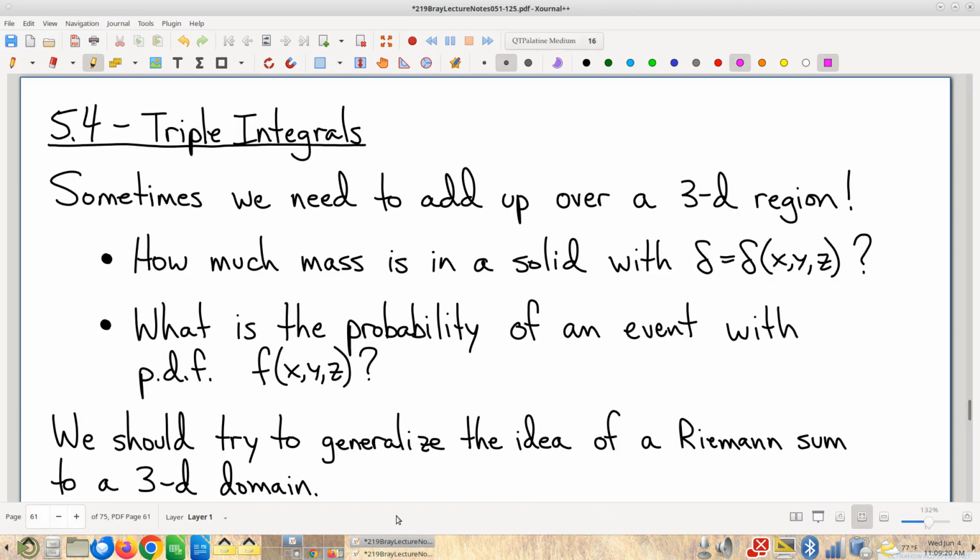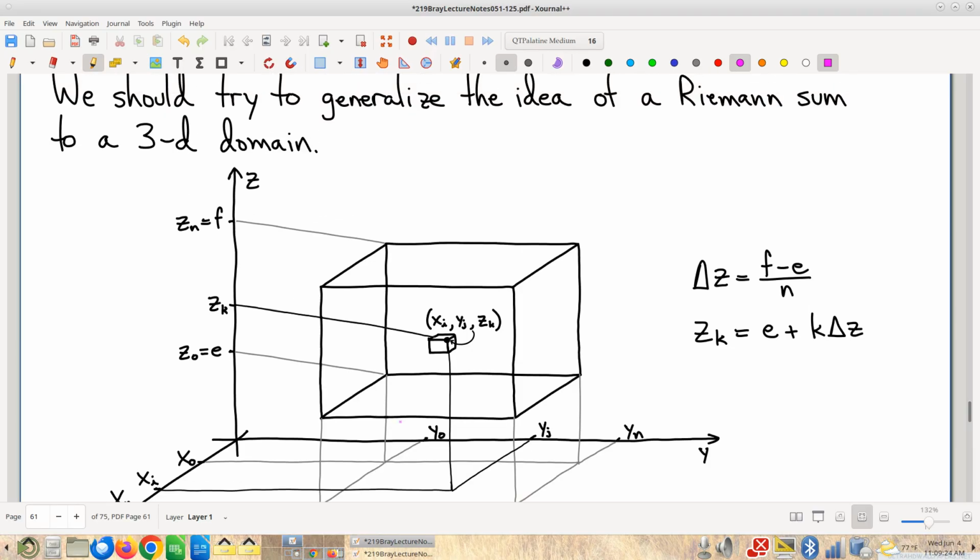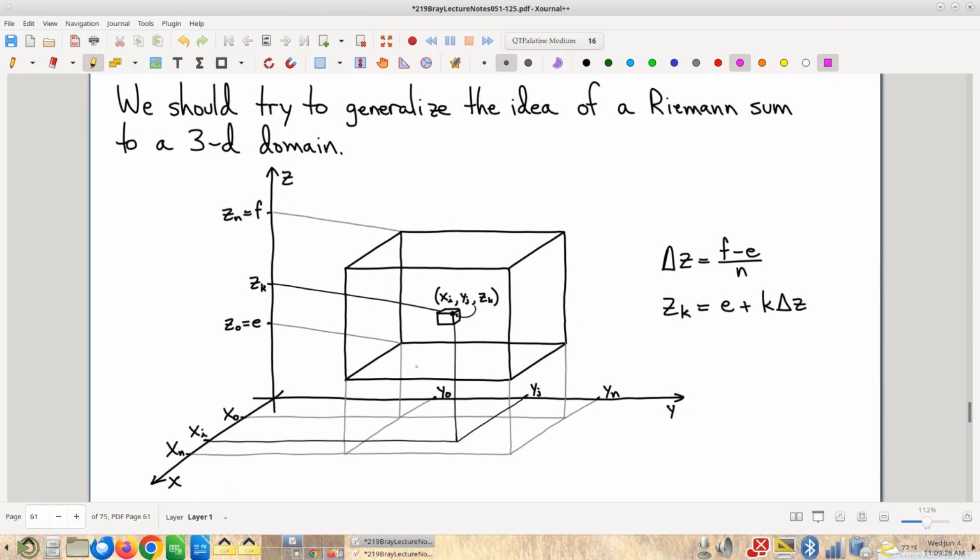Okay, so now we're just going to entertain the question of what if we really have to do that same thing, but our domain, what we need to chop up, is now not an interval, not a rectangle, but a 3-dimensional solid rectangular box. Maybe I want to compute the amount of mass in this 3-dimensional box.